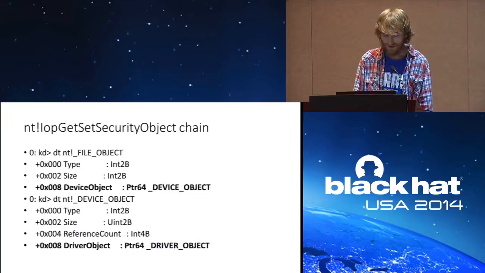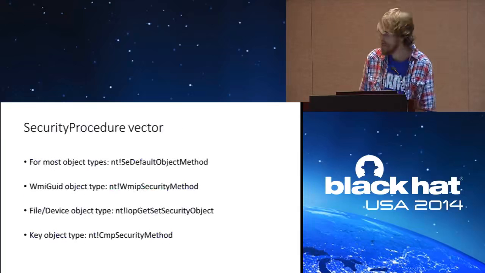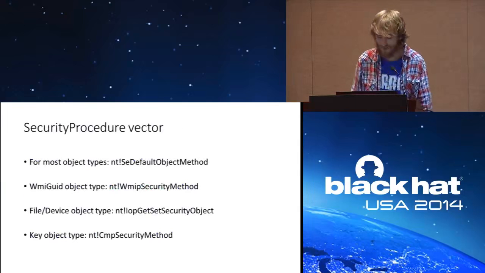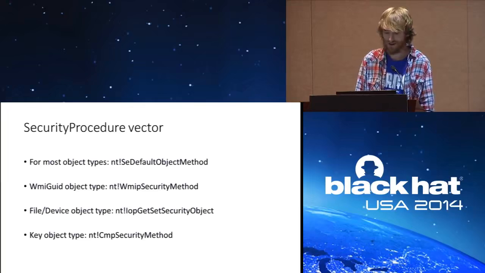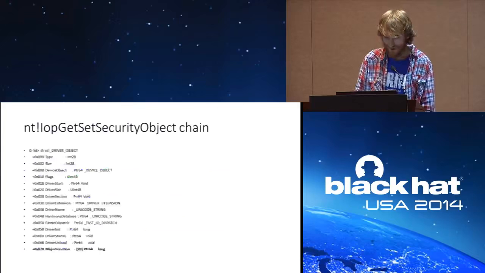For example, talking about the key object type, it's one of the most powerful object types for exploitation. For example, CMP security method also leads to hijack of execution flow, and also to different primitives like write and read.